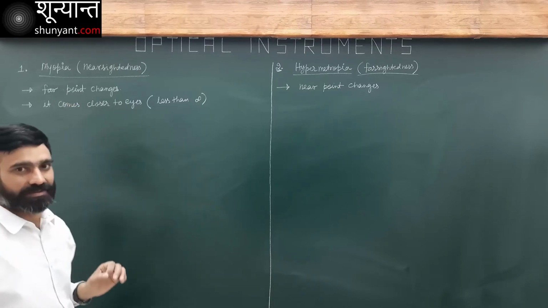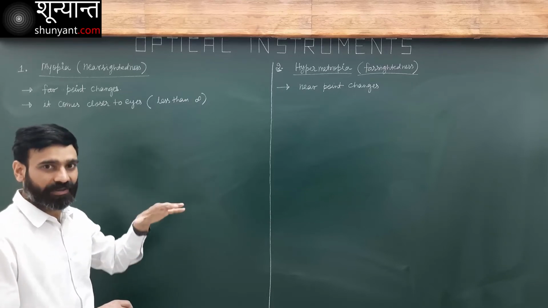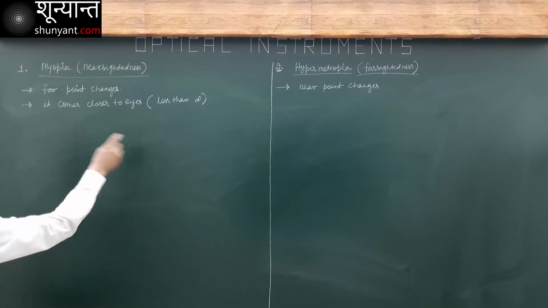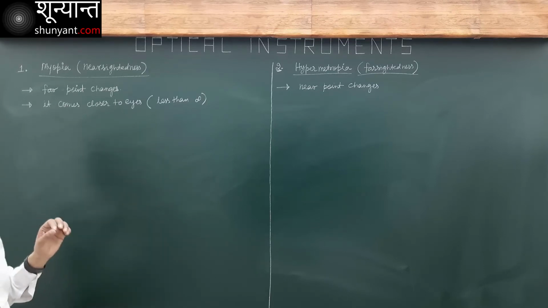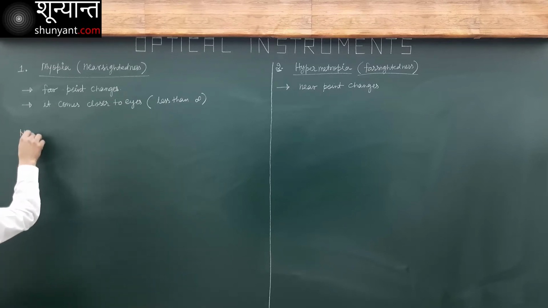Far point changes. Okay. Now, let's see what happens inside the eye in terms of physics. Let's compare it with a normal eye. This is my normal eye.